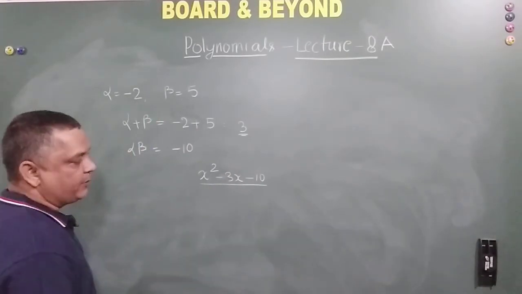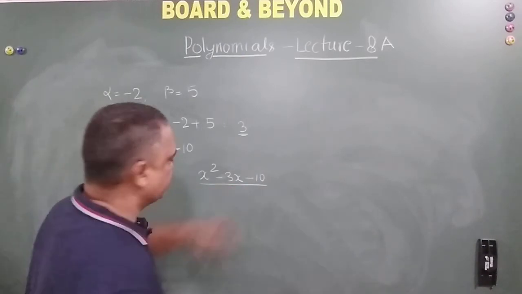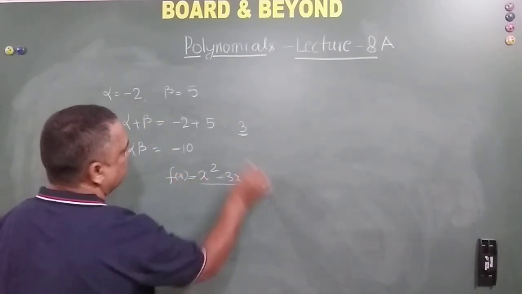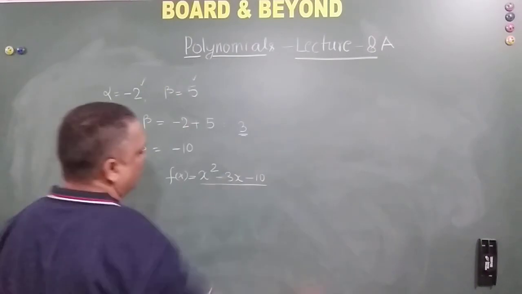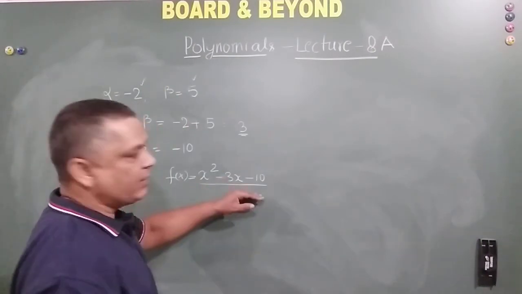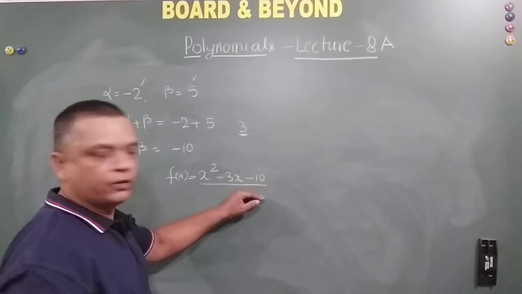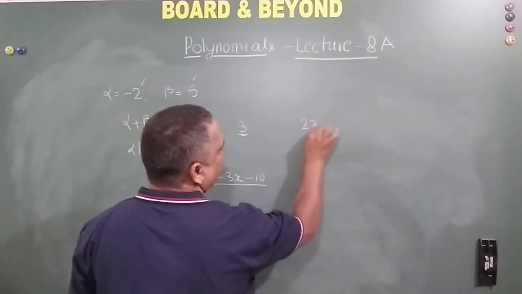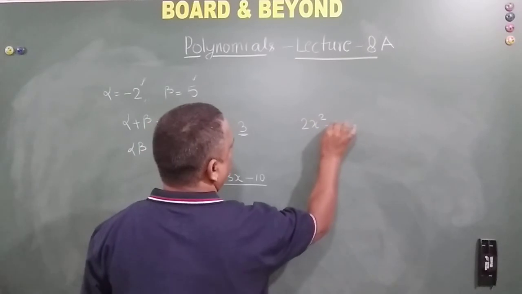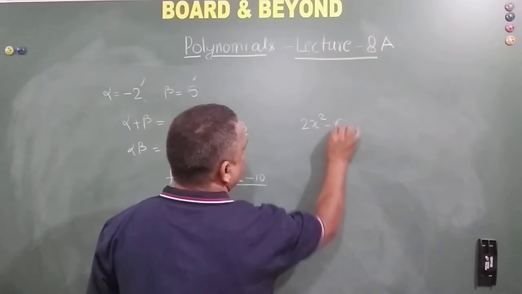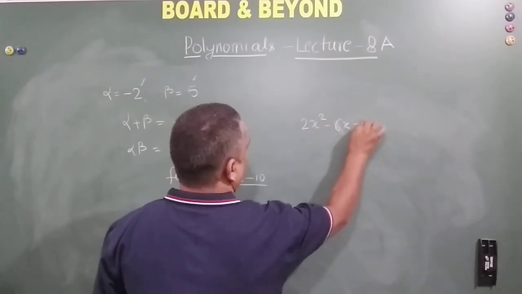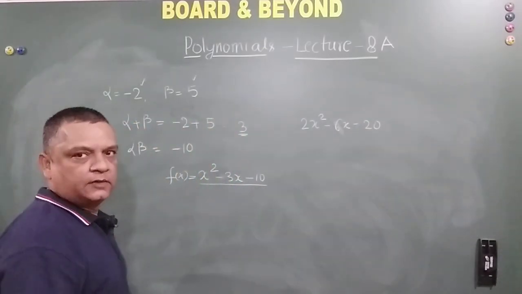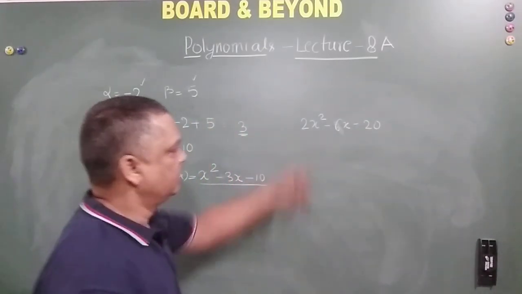Now this is one of the quadratic polynomials f of x for which these two are the roots. Now if we multiply a constant to this polynomial, let us say we multiply with 2, which leaves me with 2x square minus 6x minus 20, and try to find out the roots for this quadratic polynomial, right?